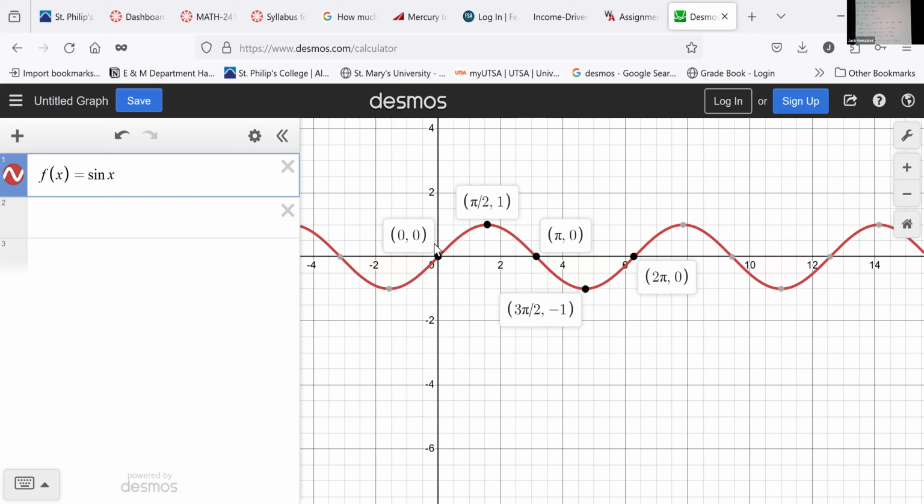The -3 just flips it over and makes it a little bigger, but the zeros will be the same. So I knew from the unit circle, this will be what makes the derivative 0, which means they are critical numbers by definition. Does that help? Yeah, that helps a lot. I was just forgetting that. Thank you. Yeah, no worries.